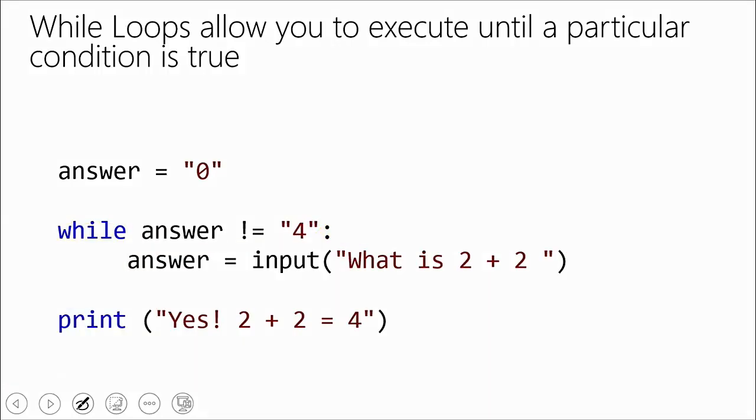Now let's explain the concept of a while loop, and I think the easiest way to explain it is to do it in English. A while loop means do something while a condition is true, while something is true.